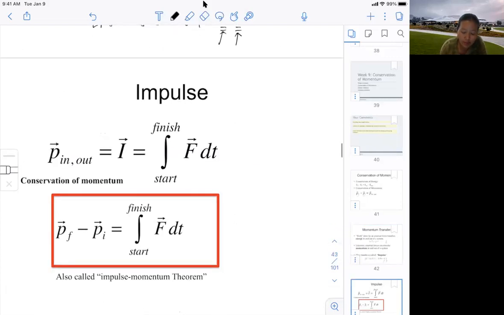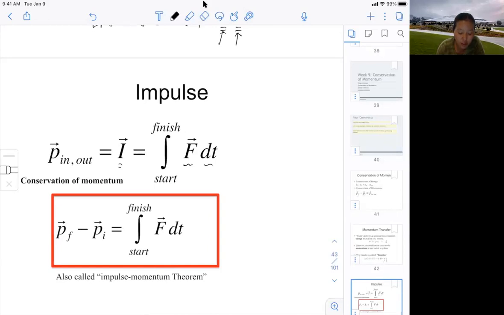The impulse, we use I to represent it, but it's really just the momentum transfer. Impulse I is defined as applying a force over a certain amount of time: the integral of F dt, because the force may not be uniform throughout the time, so you need to integrate from start to finish.